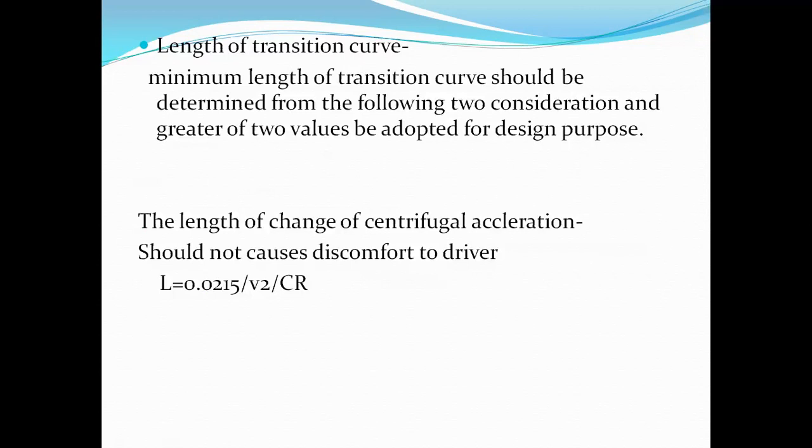It should not cause discomfort to the driver, and it can be calculated from the formula L is equal to 0.0215 V cubed divided by C into R. In that, L is equal to length of transition in meters, V is equal to speed of the vehicle in kilometers per hour, R is equal to radius of circular curve, and C is calculated by the formula 80 divided by 75 plus V. Remember this formula.